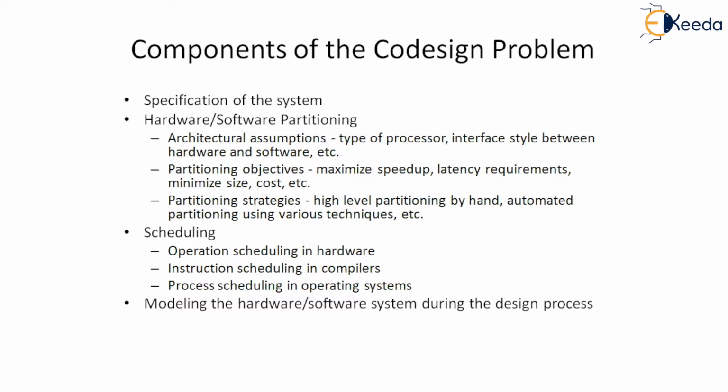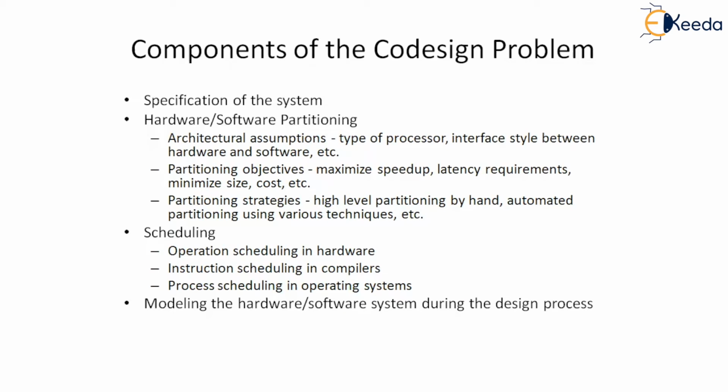Then partitioning has different objectives, like we want to maximize speed. Then we see the latency requirement, the delay if there is any. Then we always want to minimize size as well as cost. Then partitioning has different strategies like high level partitioning by hand, automated partitioning using various techniques, and scheduling.